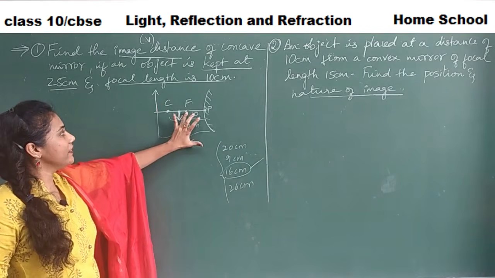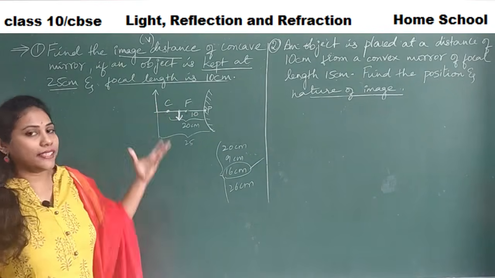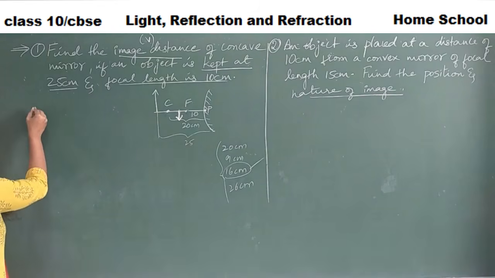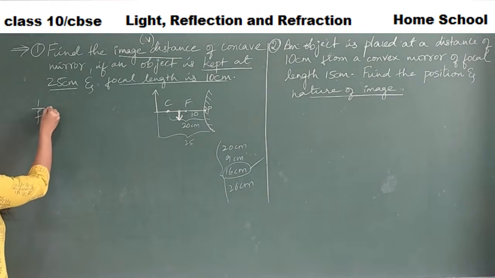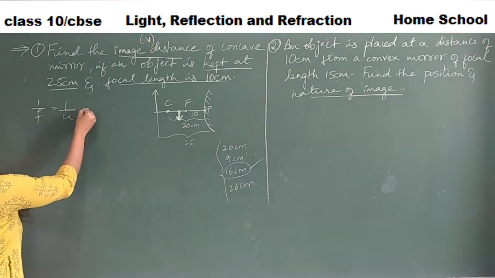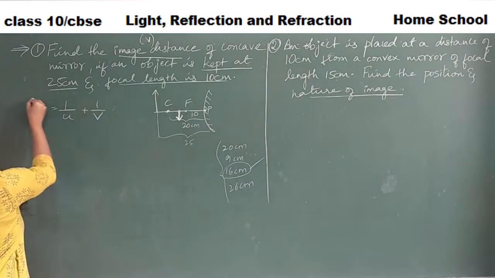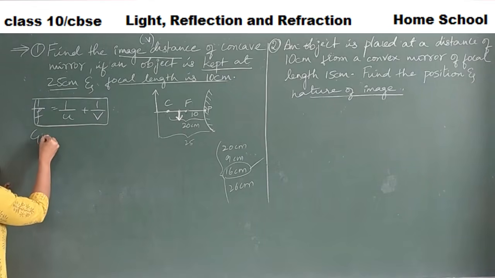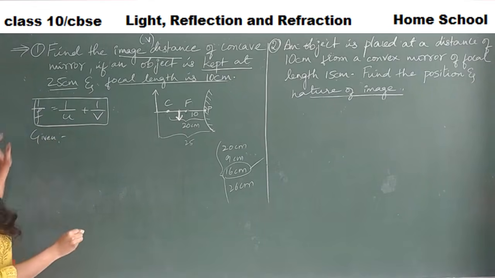Definitely you get the image between C and F and it will be an inverted image, right? So what is our formula? It is 1 by F is equal to 1 by U plus 1 by V, right? This is our formula. But what is the given information, guys?